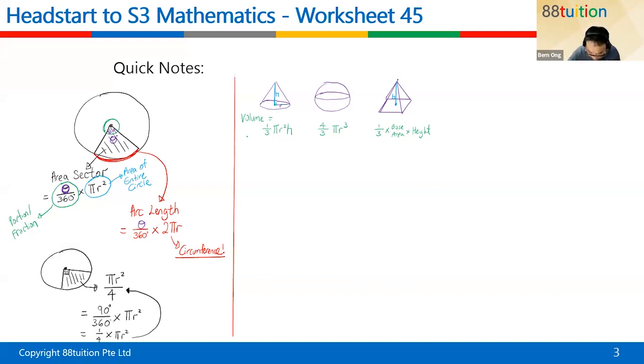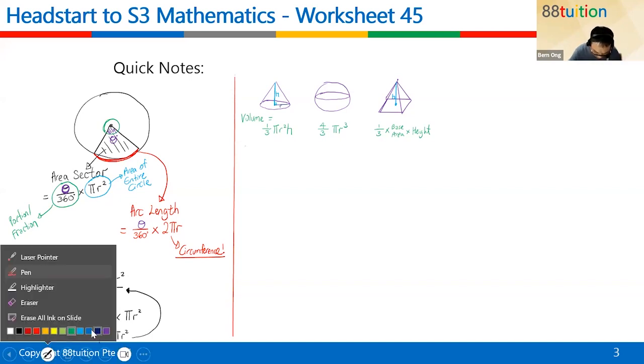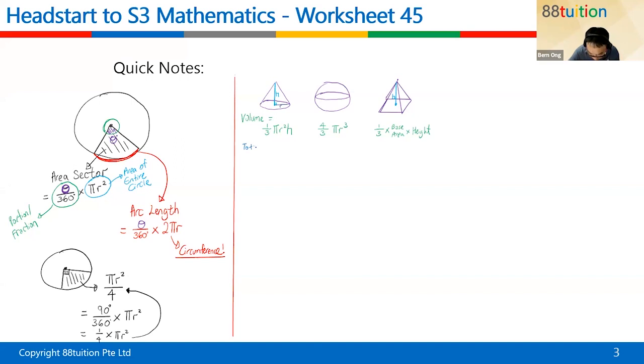We call it the total surface area. The total surface area of the cone is pi r l plus pi r squared. What is the l? l is actually the slant height down here.